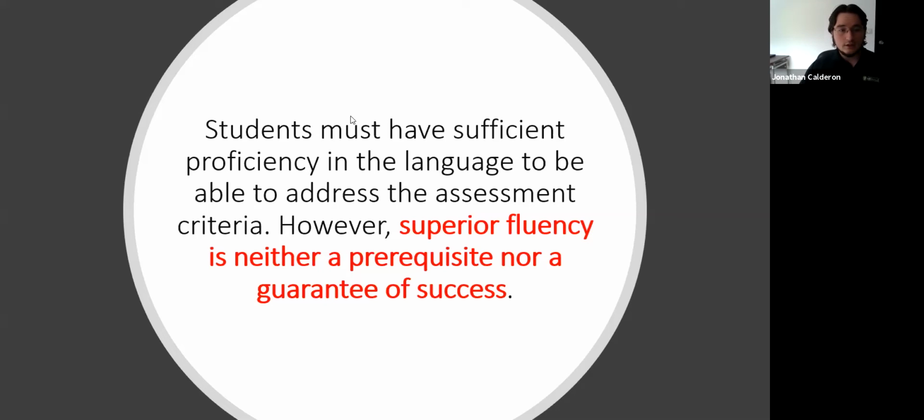Okay, so I've had the surprise that a student who wasn't necessarily proficient came out with a grade A. And I had the unfortunate experience of a student who is a C2 level proficiency in English, and he barely passed.